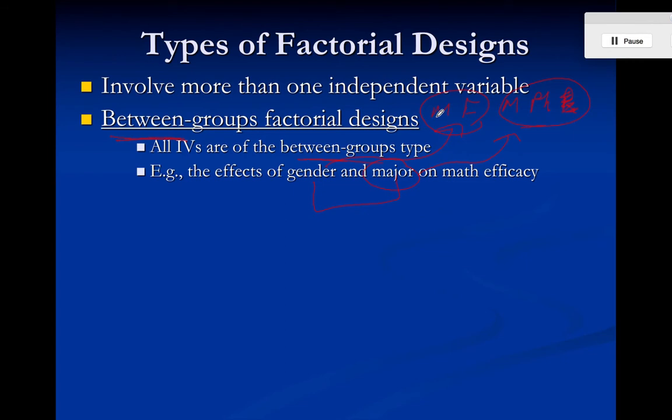The between groups type requires all my independent variables to be of the between groups type. So in other words, Matt comes in, he's a male and he's a math major. Okay, and that's it. Matt can't be female also and a math major. He can only be male and a math major. Susie comes in. She's female. She's a math major. Perfect. Erica comes in. She's female.